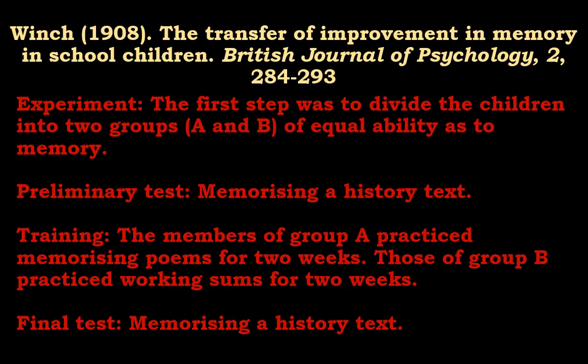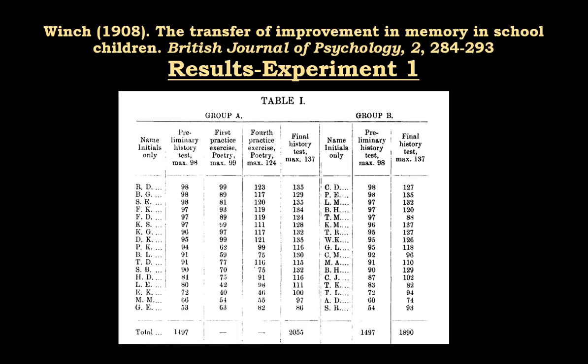You don't expect that activity will improve performance in the memory of history texts. So that's why it's a control group. Now, here are the results, and the interesting aspect of these studies is that it was one of the first that used these two groups in a psychological study.